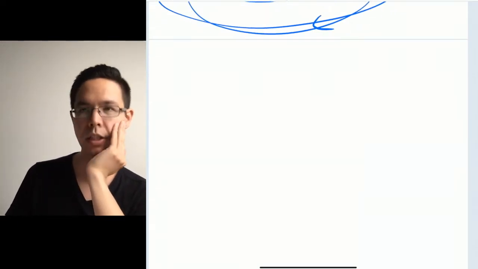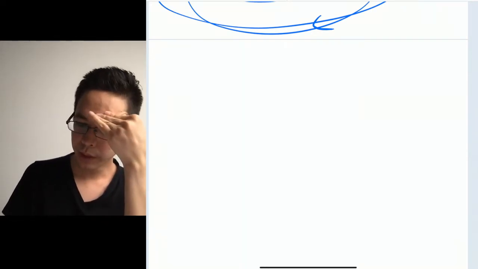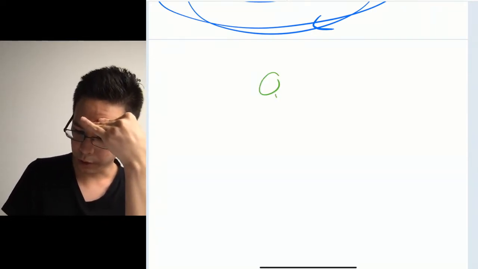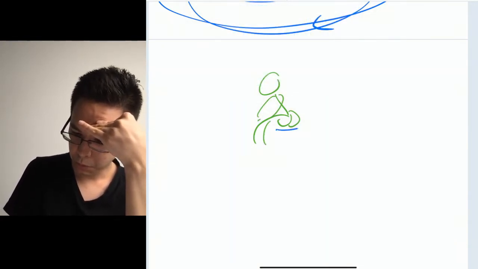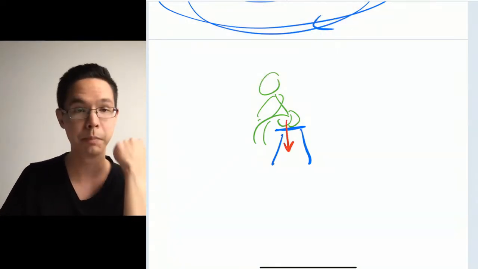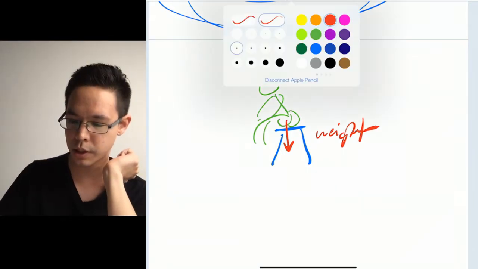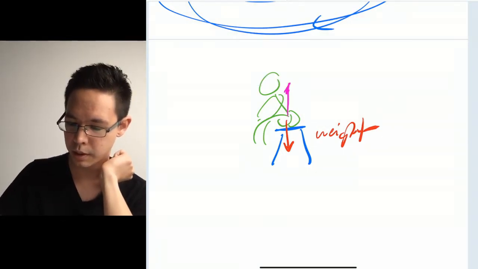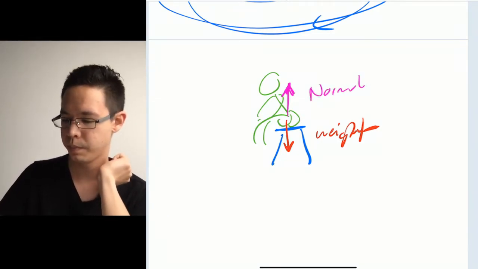A balanced force is basically when the forces cancel out. So if I am sitting on a chair, I'm going to have my weight, and the chair is going to resist me by the same strength. This will be the normal force.